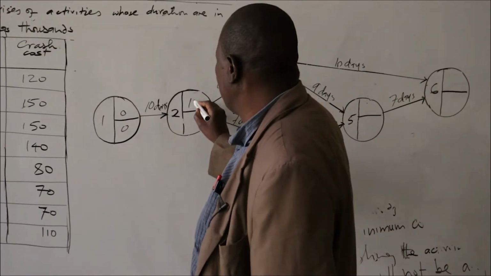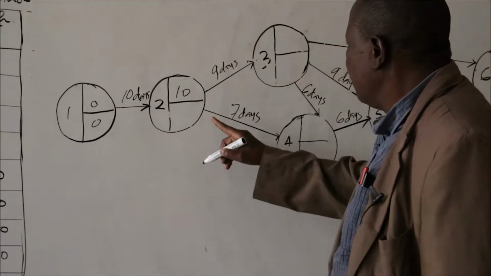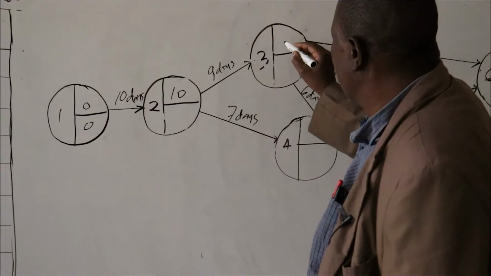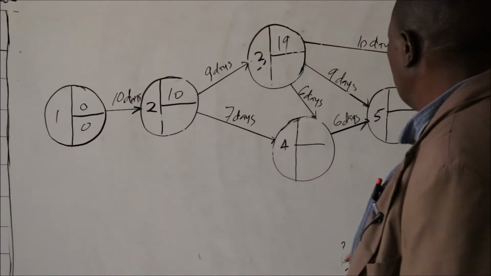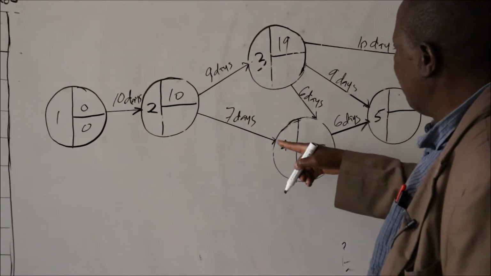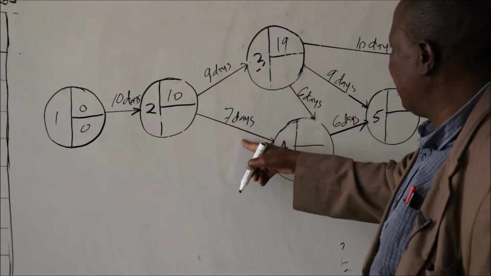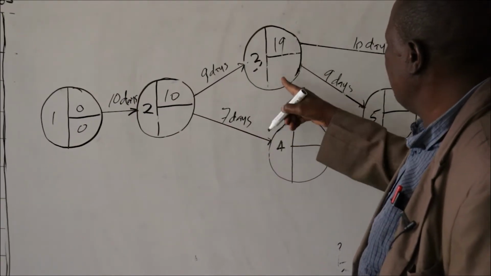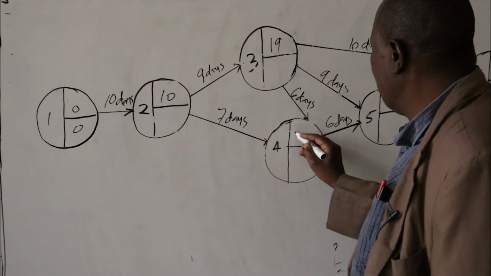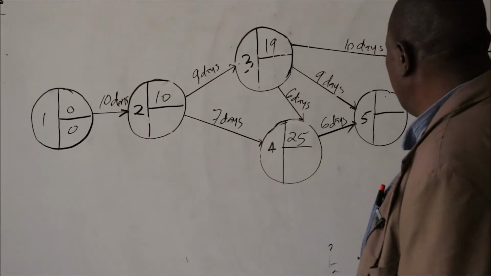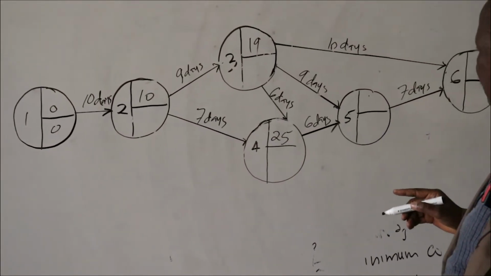0 plus 10, that is 10. 10 plus 9, that is 19. And this path, 10 plus 7, that is 17. 19 plus 6 is 25, and that is the maximum duration for that.